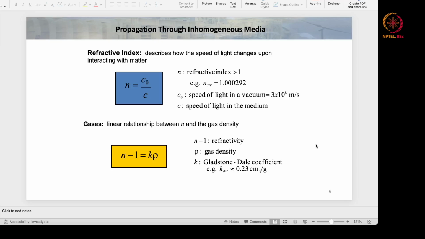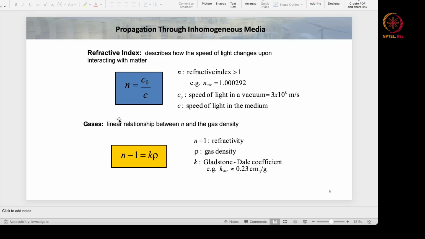Now, normally the refractive index will be greater than 1, because the highest velocity that you can have is in vacuum. Air, for example, has a value which is 1.000292. So the first significant digit comes in the fourth place of decimal. This is the refractive index of air.